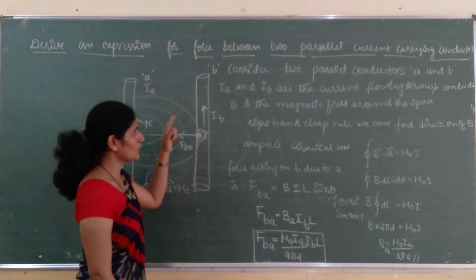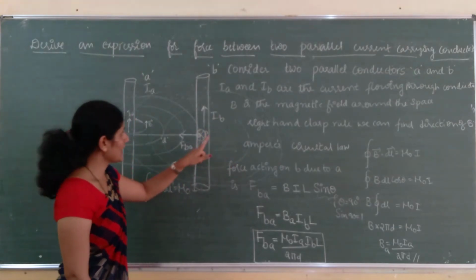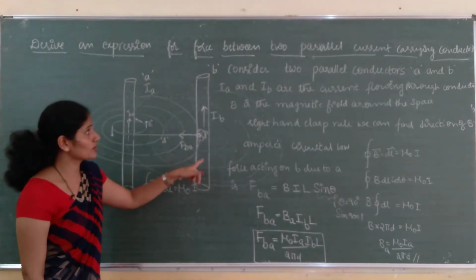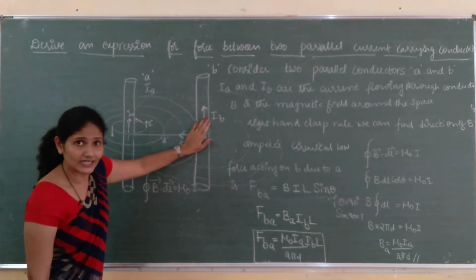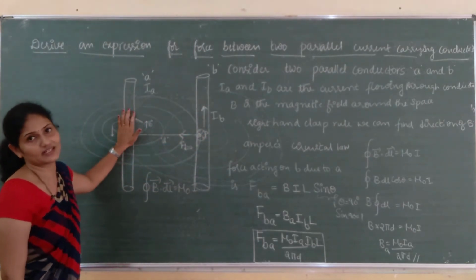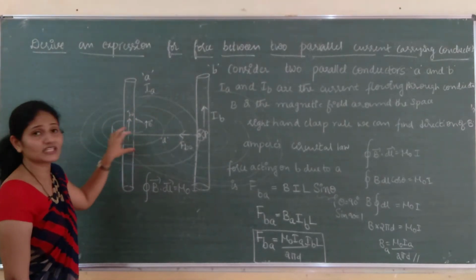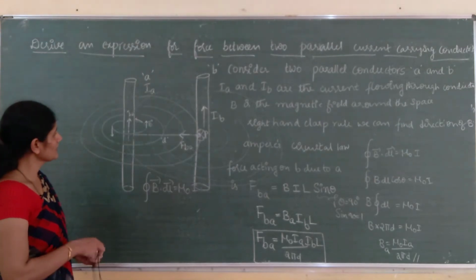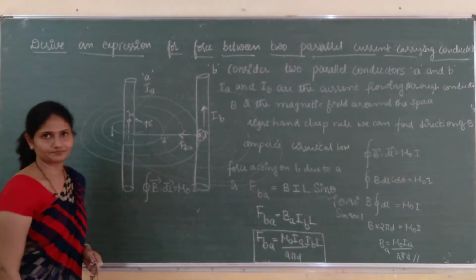Now, the second conductor is also carrying current. That means around the second conductor we have a magnetic field. What is the expression for the magnetic force acting due to this conductor on the first conductor, because the first conductor is in the magnetic field of the second conductor? The distance between the two parallel conductors is d.